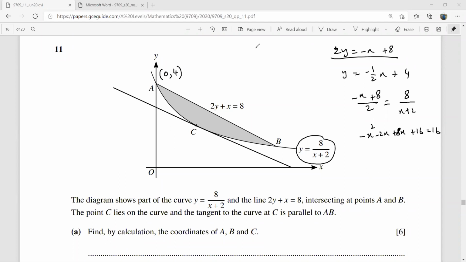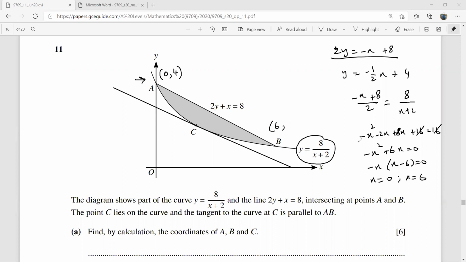Okay? So 16 cancels with the 16. You have minus x squared plus 6x equal to 0. Minus x is common. This is x minus 6 equal to 0. It is x equal to 0 or x equal to 6. It means this 0 is for this point A and this is going to be 6 comma something.